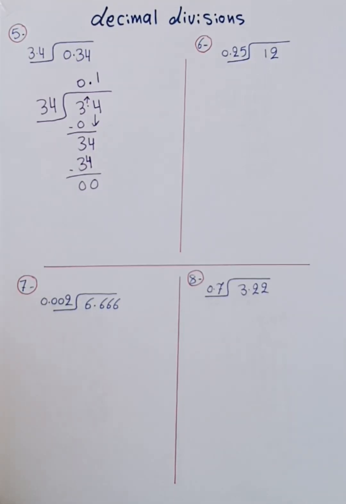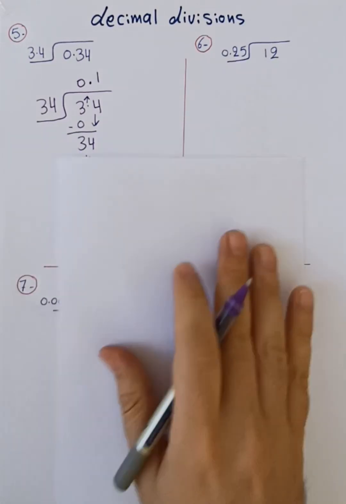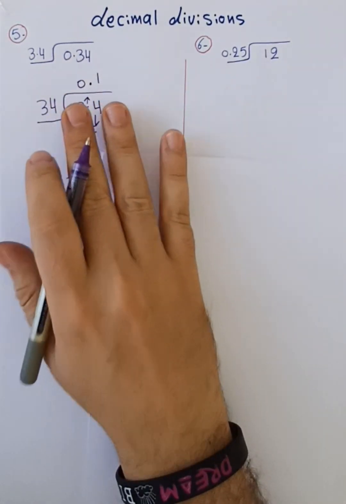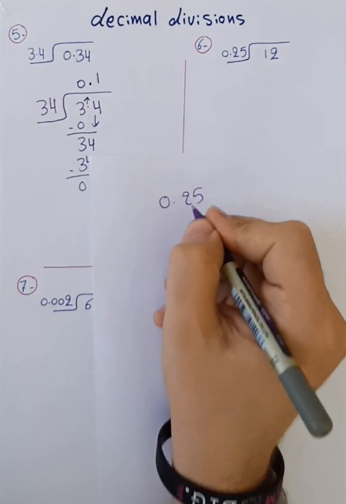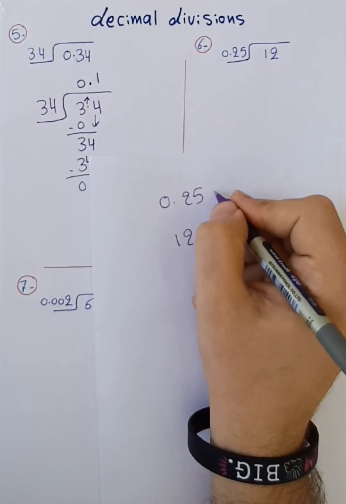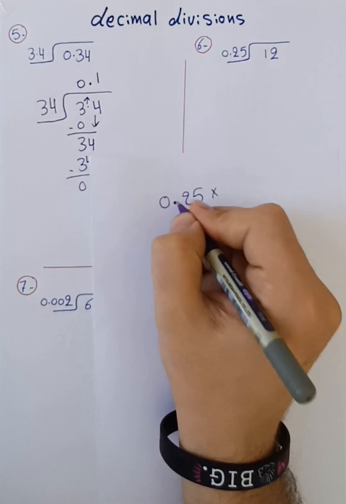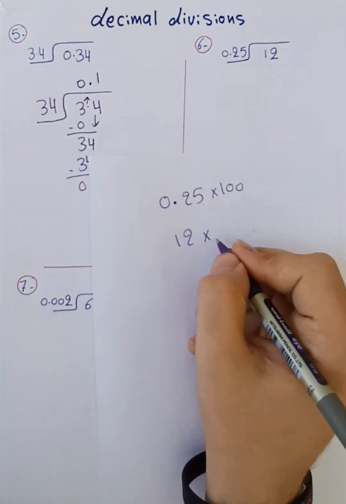Example number 6, we have 12 divided by 0.25. The divisor is a decimal number, so you have to multiply 0.25 and 12. After this point we have two numbers, we have to multiply by 100.